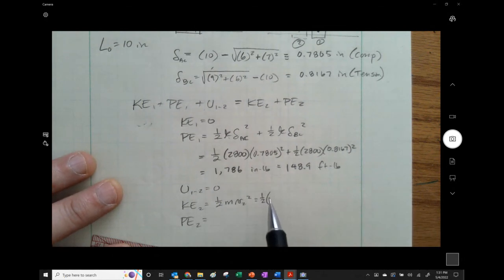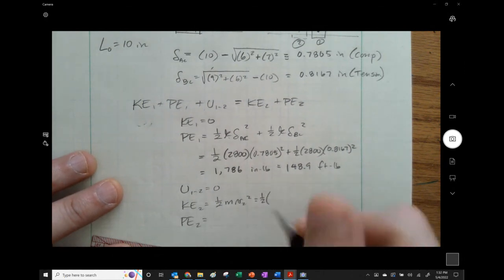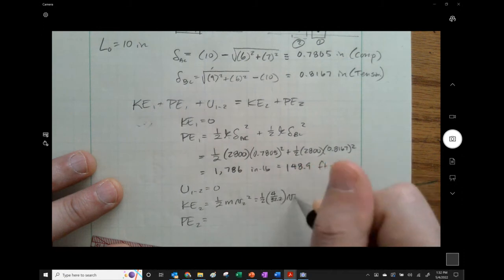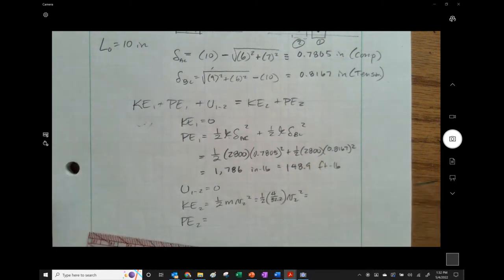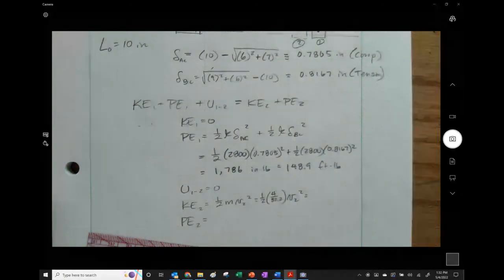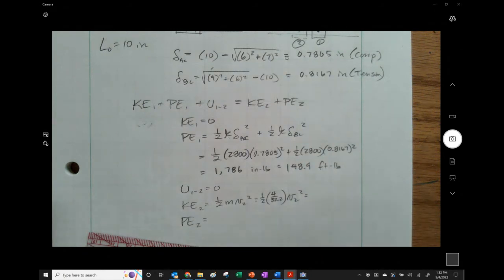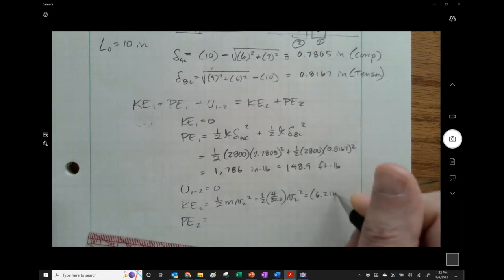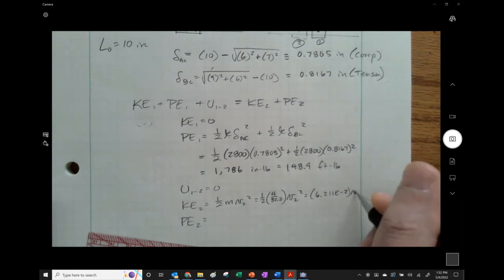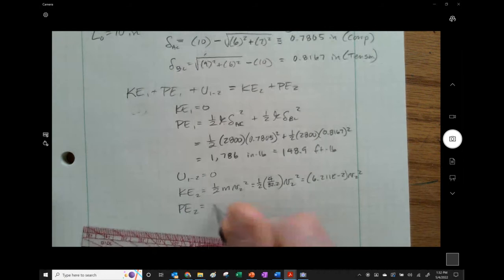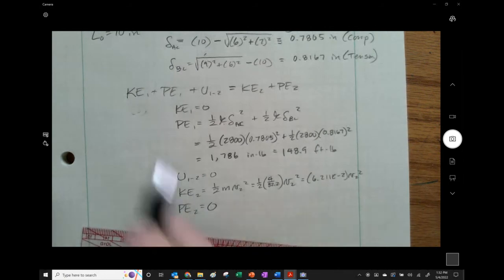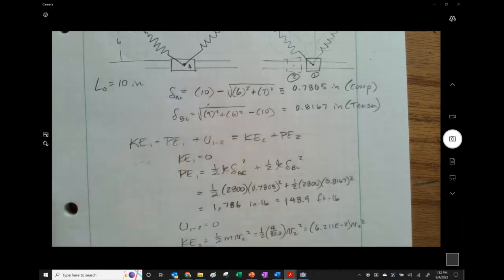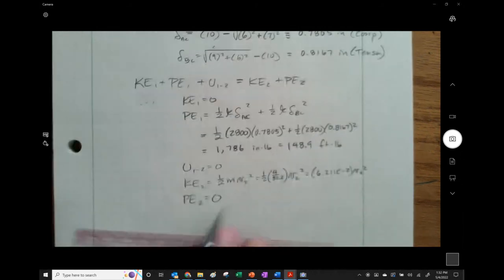Let's see, what is the mass of the weight of this thing? It's 4 pounds, so it's 4 over 32.2. That is 6.211 E minus 2 times v2 squared. And potential energy when it's here at point A becomes 0.